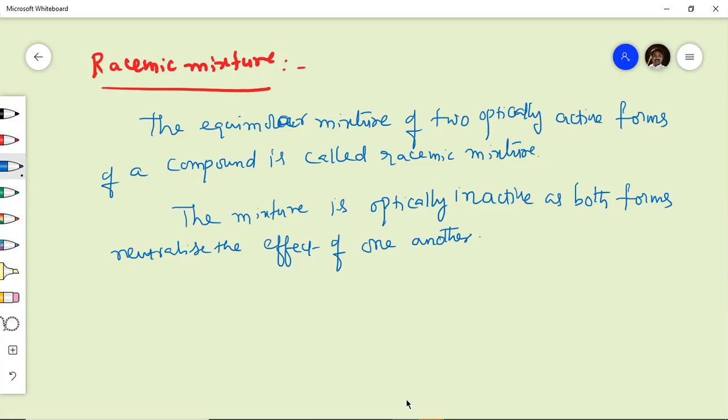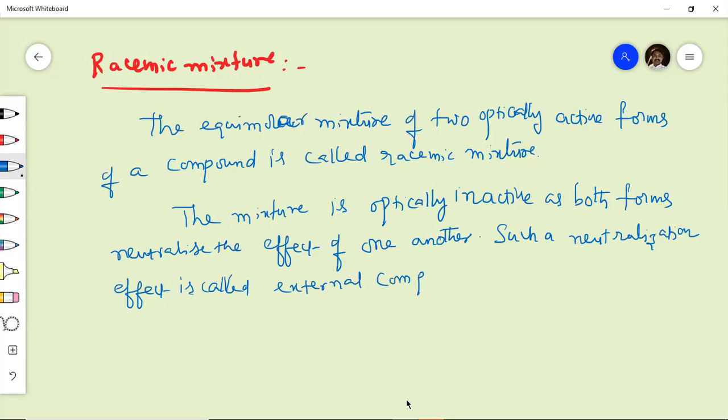Such a neutralization effect is called external compensation.